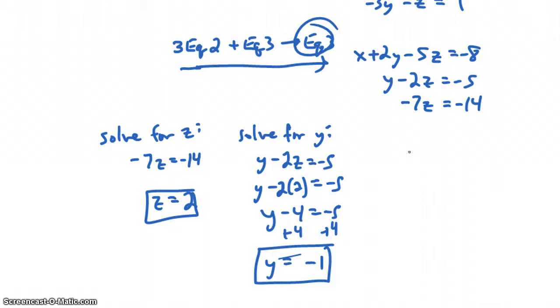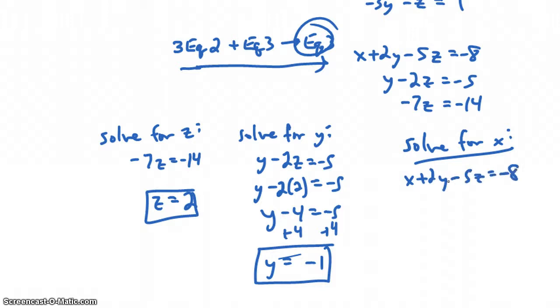Finally, we can go back to the first equation to solve for x, and we have x plus 2y minus 5z equals -8. So x plus 2 times -1, that's what we found y to be, minus 5 times z, but z is 2, equals -8. So x minus 2 and minus 10 is equal to -8.